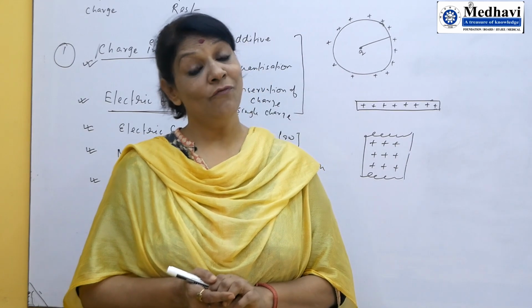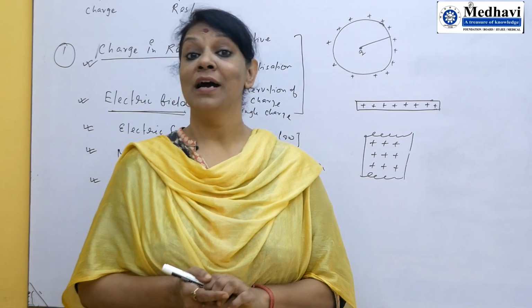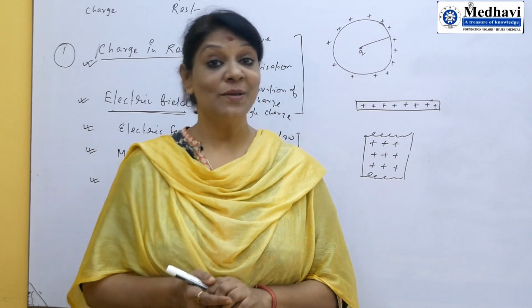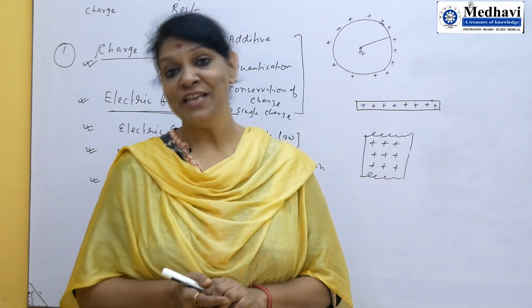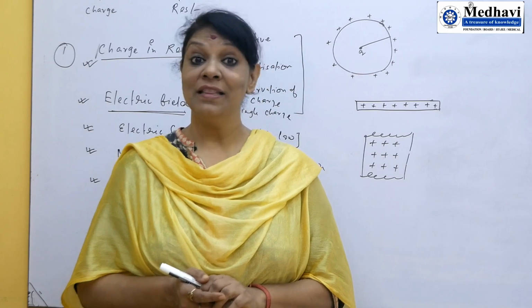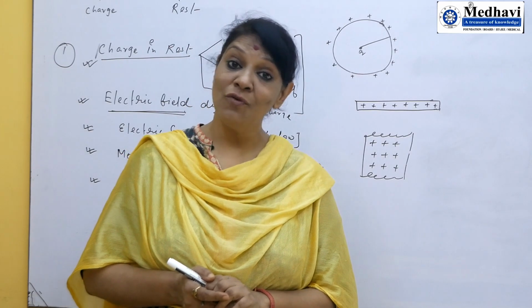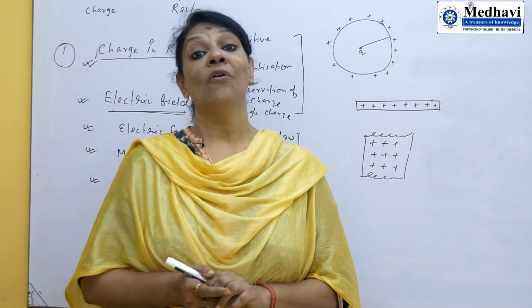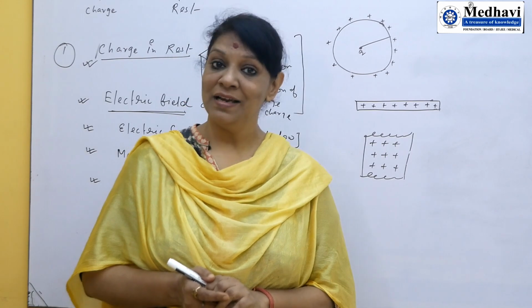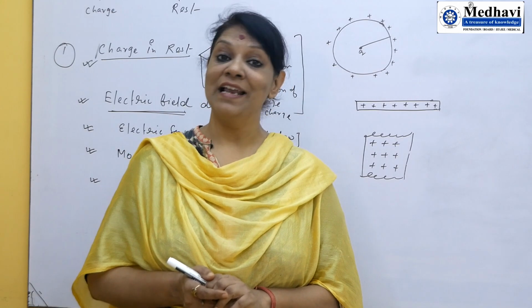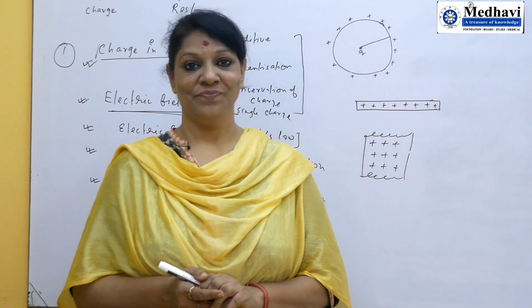Due to repulsion, if we want to bring another body, you can say a test charge, or a positive charge, from infinity to a given point, then there will be a force of repulsion. And to go against the force of repulsion, we need to do some work, and that work is stored in the form of electric potential.